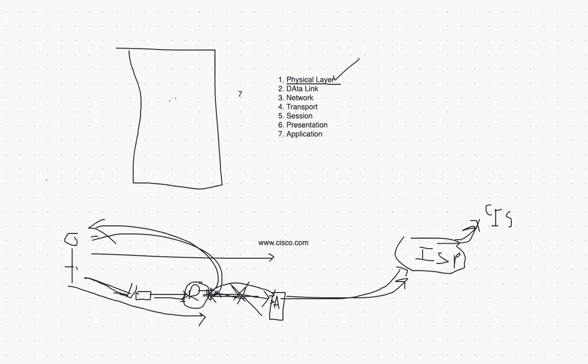Okay, let's move on. The data link layer. The data link layer is something that is passing the data from one device to the next device. In this case, when a PC or the router pass the data, they pass it in ones and zeros, which are called frames.